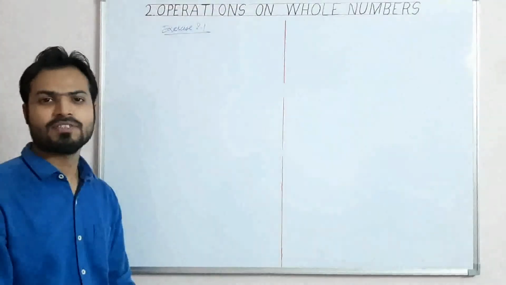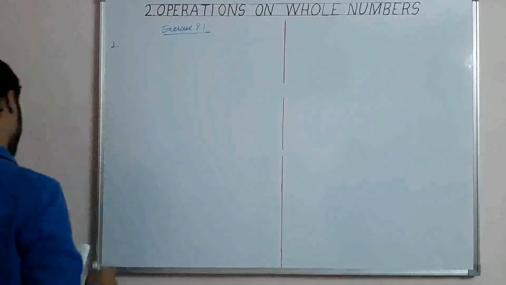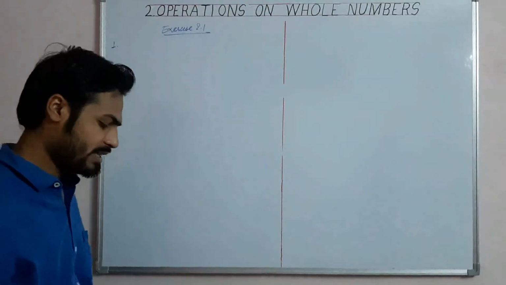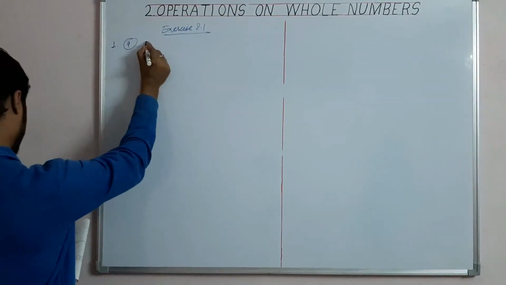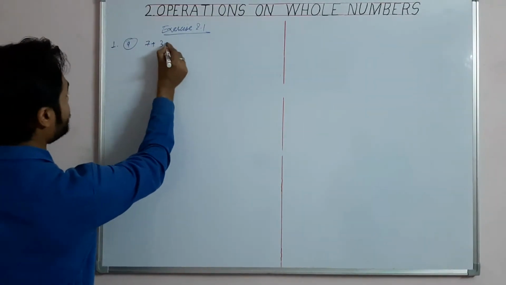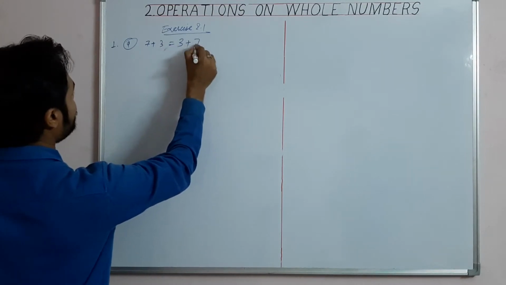Now we will solve the first exercise, 2.1. Let's take the first question: name the property related to the following statements. First is 7 plus 3 equals 3 plus 7.